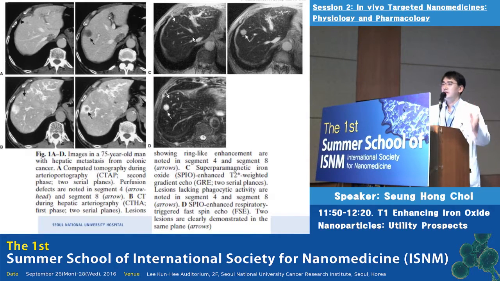Macrophages have physiologic activities like phagocytosis. Because of the phagocytosis, the SPIO are taken up by the liver cells. After that, because of T2 shortening, there is darker signal intensity on T2 weighted imaging, so the normal liver shows darker signal intensity because of SPIO uptake in the liver parenchyma.